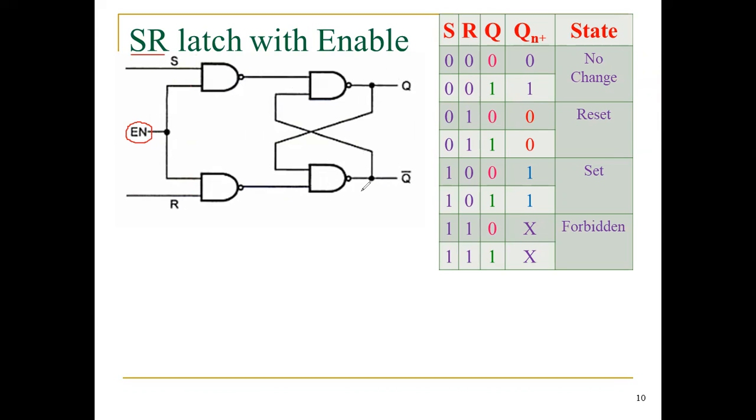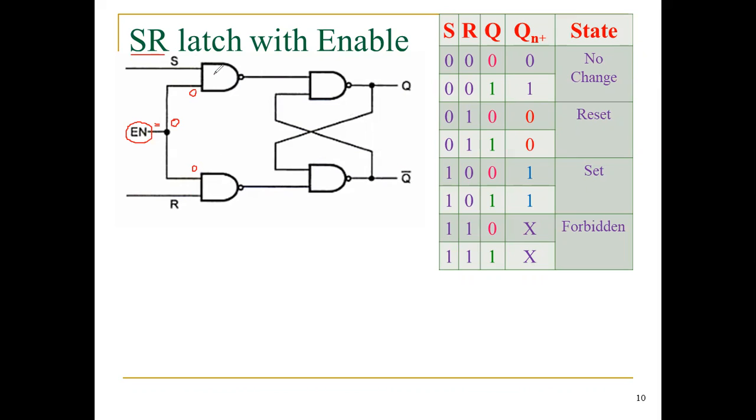Now, suppose I assume my enable pin equals 0, what will happen? Since enable is 0, one of the inputs of these two gates is 0.